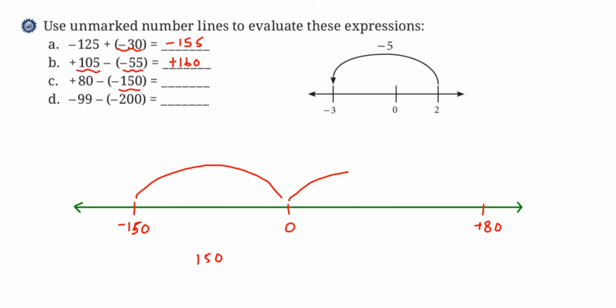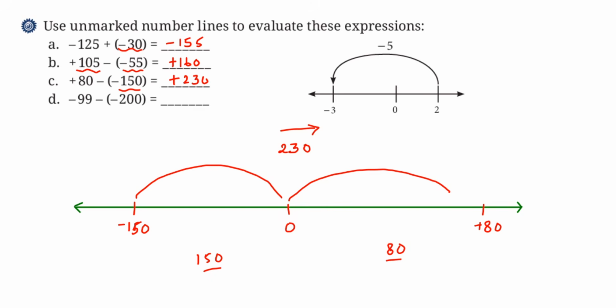And from 0 to 80, you moved 80 units. So 150 plus 80 together is 230. So to reach from minus 150 to plus 80, you have to move 230 units, and you're moving towards the right side. Right side means always positive. So it will be plus 230.